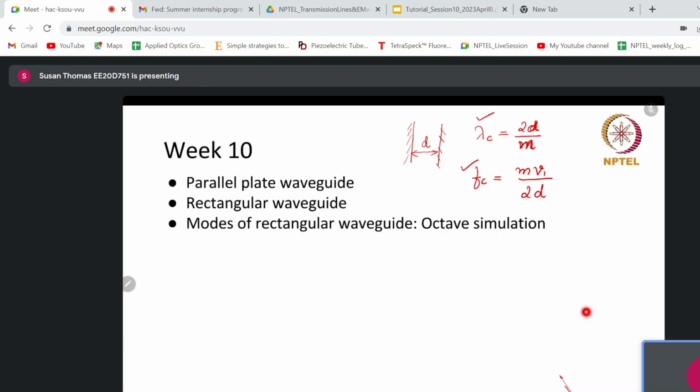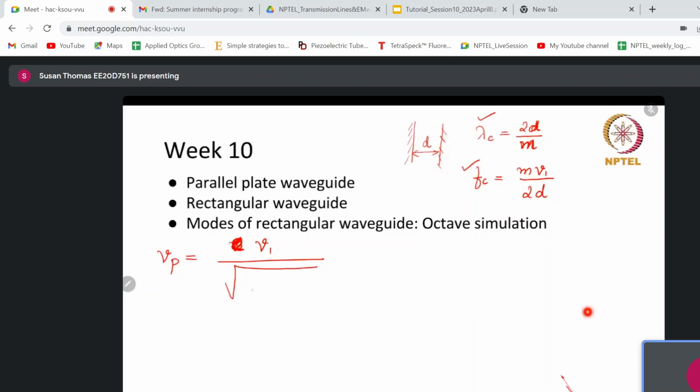Now to come to phase velocity, Vp is equal to, to make it more clear, v1 by square root of 1 minus Fc by F, the whole square.